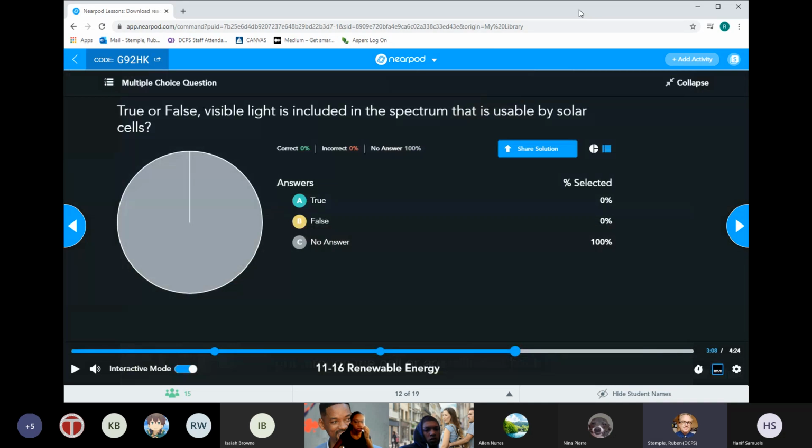Okay, visible light is included in a spectrum that is usable by solar cells. True or false? Visible light. Yeah, Brian, I have my computer sound way up.